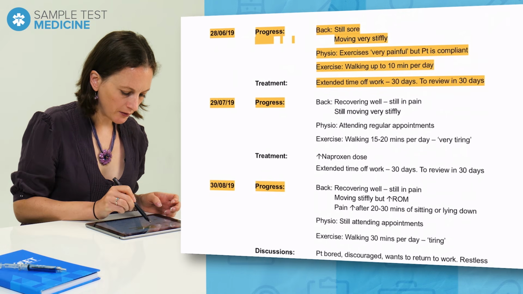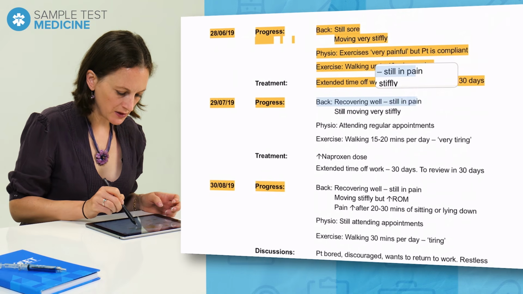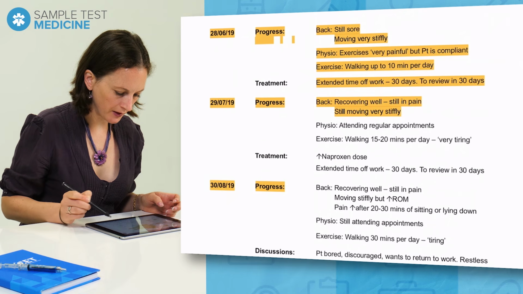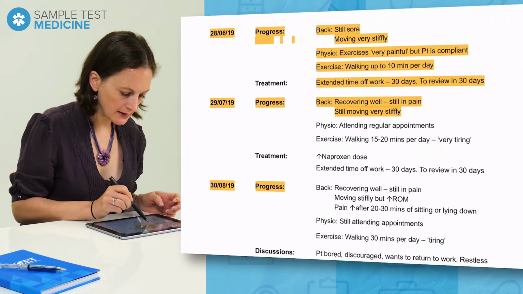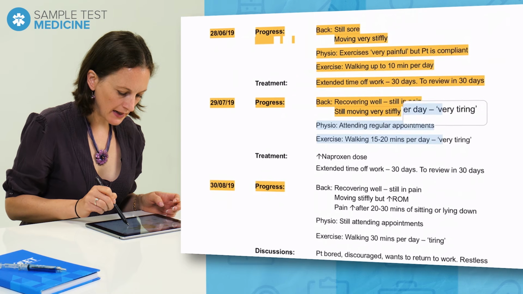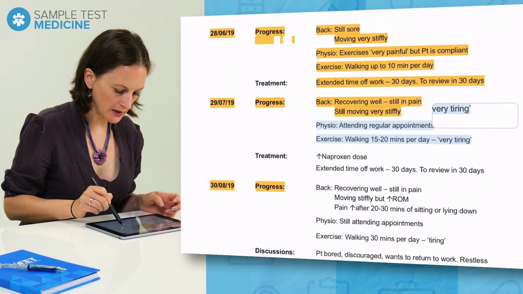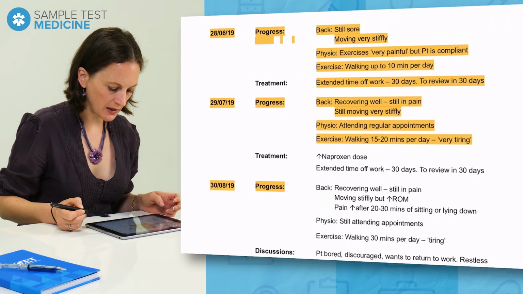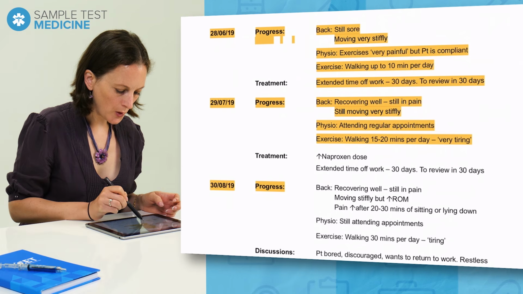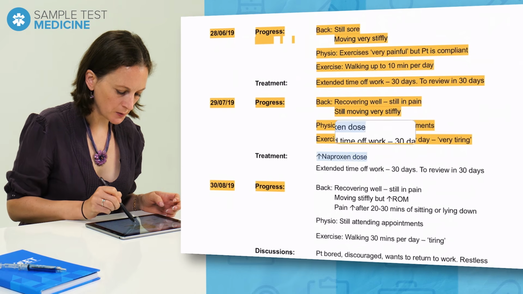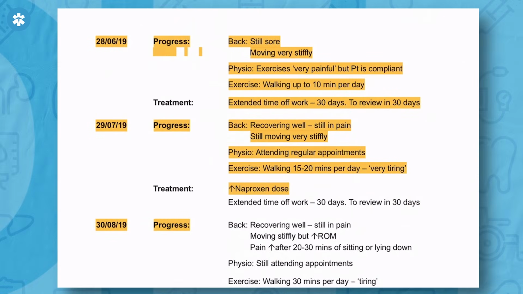In July, the recovery had started, but the patient is still in pain and still moving very stiffly. He's still attending physio and exercising a little bit more each day, but describing it as very tiring. One of his medication dosages was increased. And again, another 30 days off and review were organised.